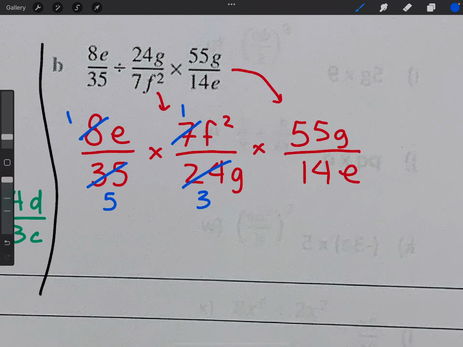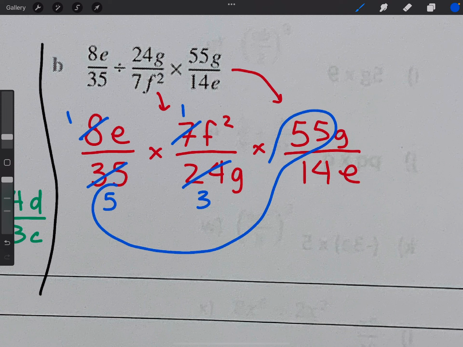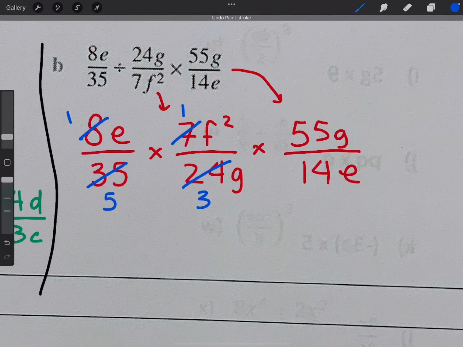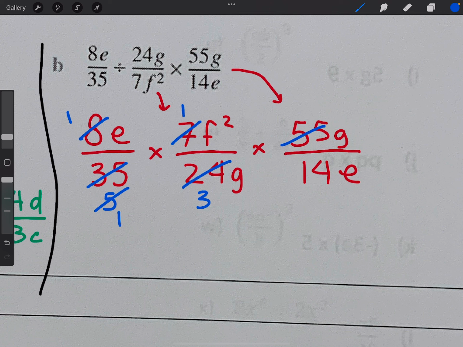What else? Oh, I've got the 5 and 55. I can simplify that as well. I can divide them both by 5. I will get 1 and I will get 11. What else? Both G's can cancel out. Both E's can cancel out. And I think that's about it.